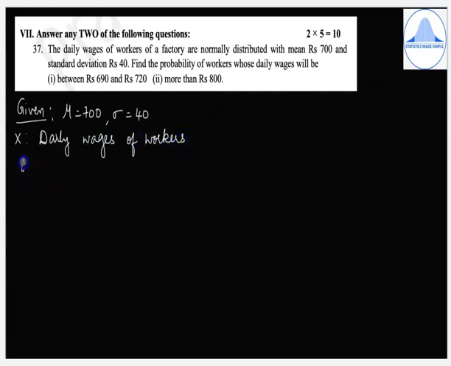That is, X follows normal 700, 40 square. Then write the standard normal variate formula. We know that Z is equal to X minus mu by sigma, which follows normal 0, 1.